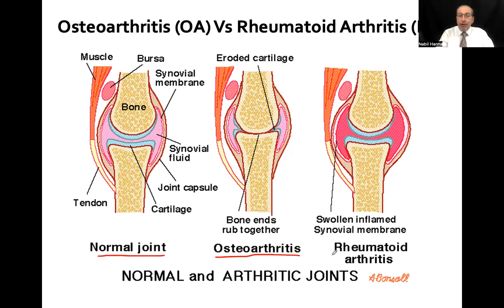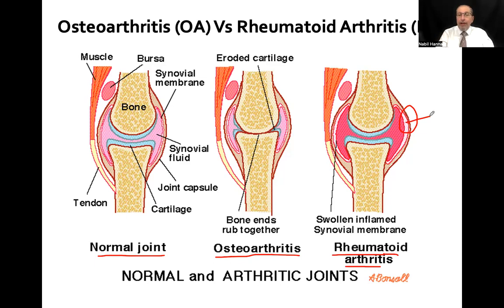Whereas in rheumatoid arthritis, early on, we can notice that the articular cartilage is intact. But what is inflamed and thickened is the synovial membrane, because rheumatoid arthritis starts in the synovial joint with significant inflammation.